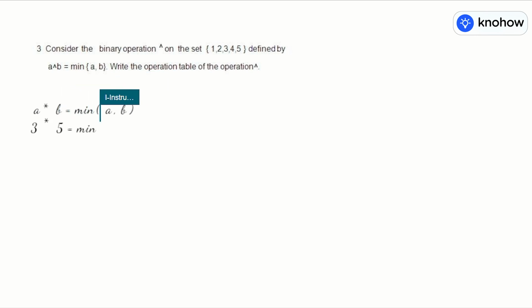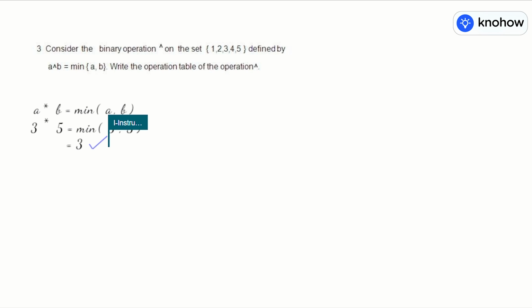What is the minimum out of 3 and 5? It is defined as the minimum of 3 and 5, that is 3. So remember 3 star 5 will be 3. Using this binary operation we have to make a table.